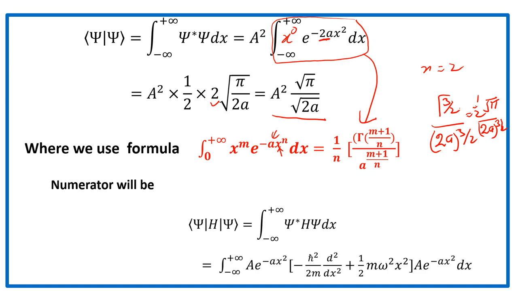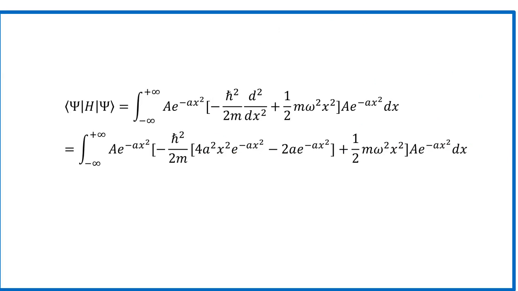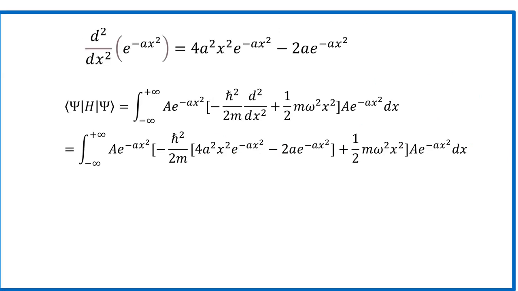Now solve the numerator: the integral of psi star H psi dx, with psi star = A e^(-a x^2), psi = A e^(-a x^2), and H equal to this value. The Hamiltonian operator has a term d^2/dx^2 acting on e^(-a x^2).